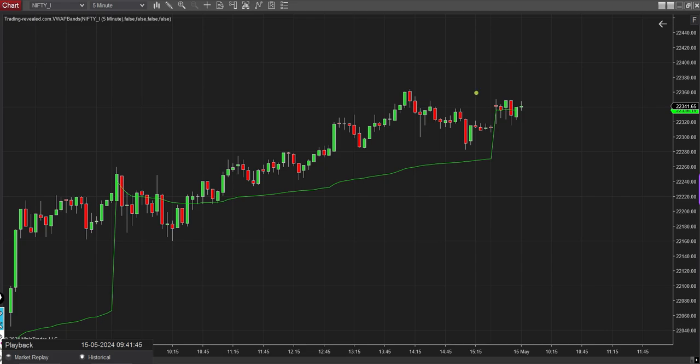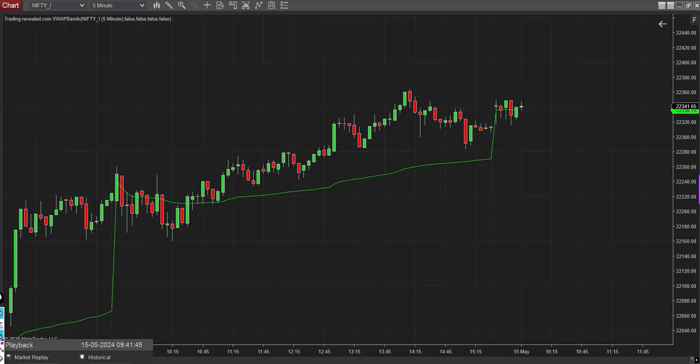In the current example, price is trading above the previous day's VWAP. The yellow line is the previous day's VWAP. Price is trading above it, but here the price candles are overlapping the VWAP.